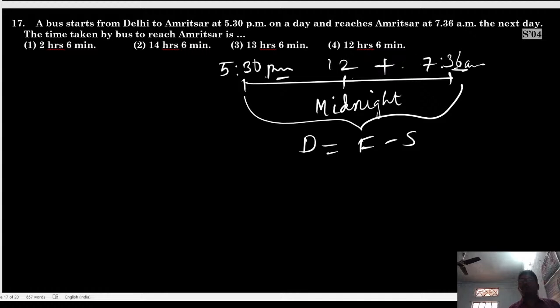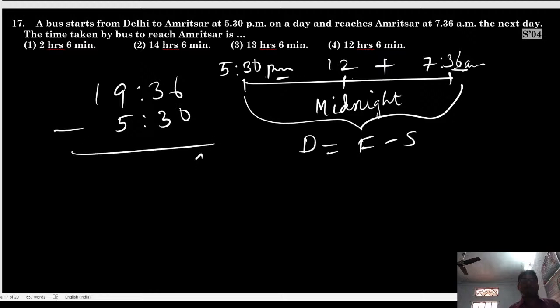Finishing time is 12 plus 7, which is 19:36, minus 5:30. The answer is 14 hours 6 minutes, option 2.